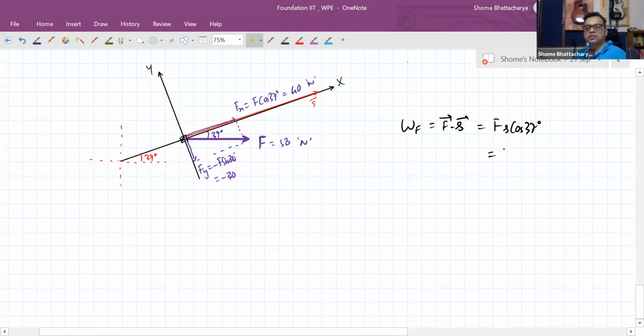Or it is the x component of force into S. You can also understand it this way because the x component is parallel to S and the y component is perpendicular, so it won't be doing work. So either way you can see that it will be plus 800 joules.